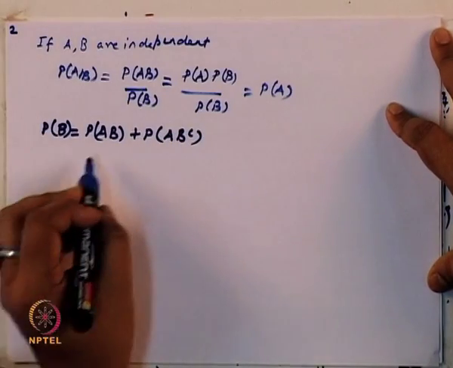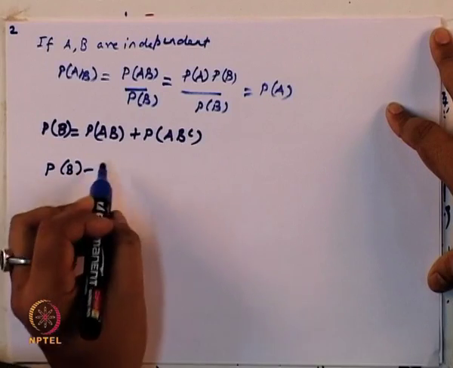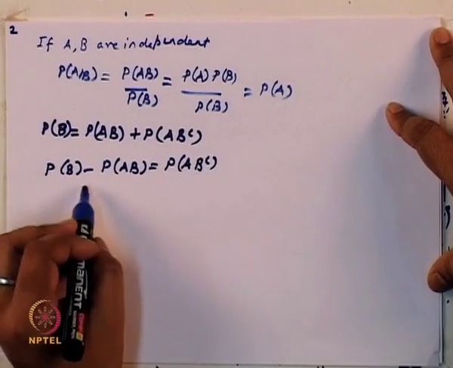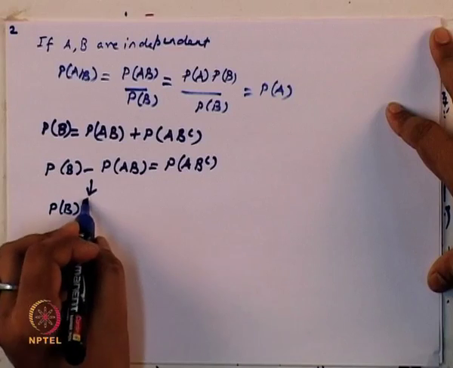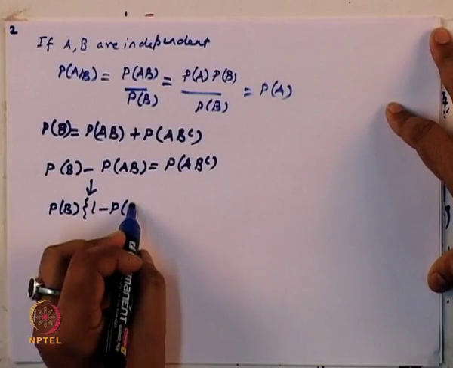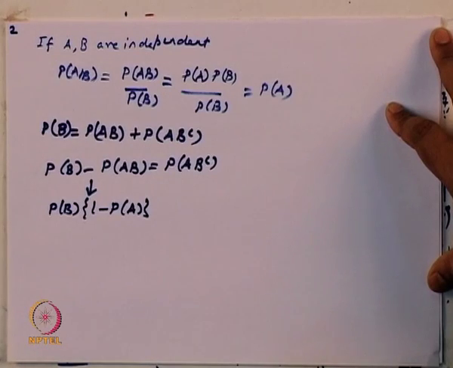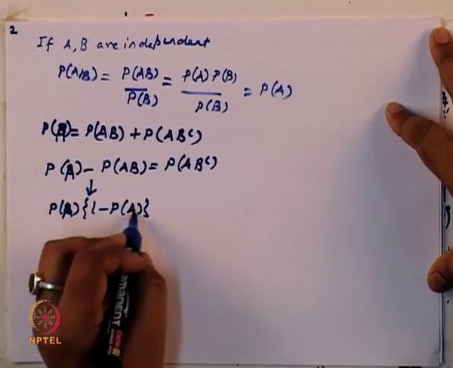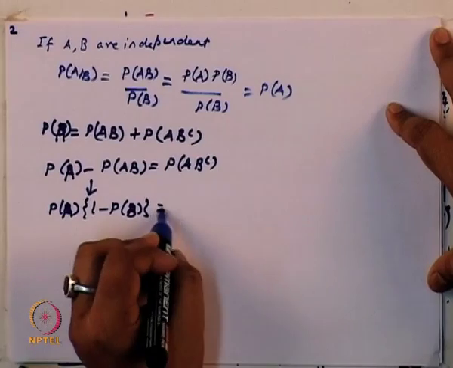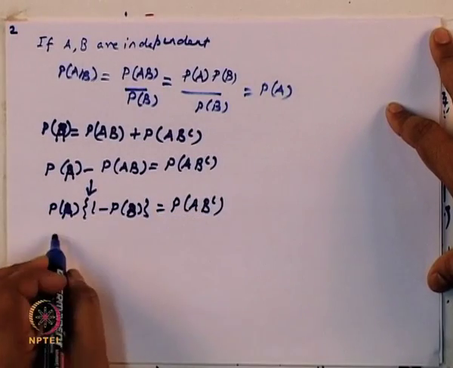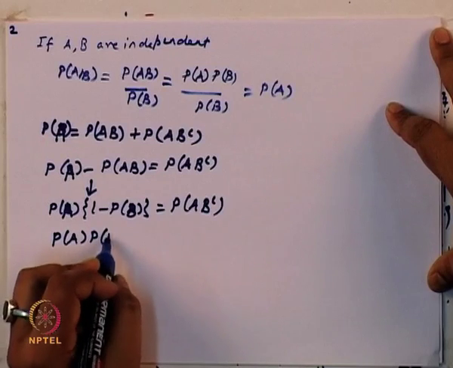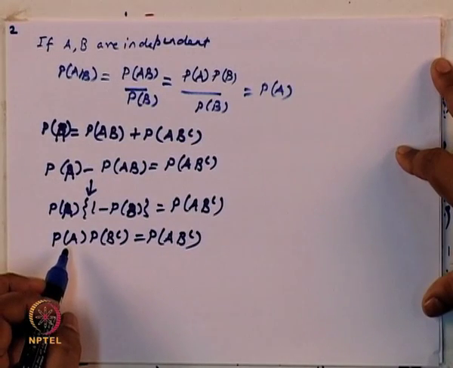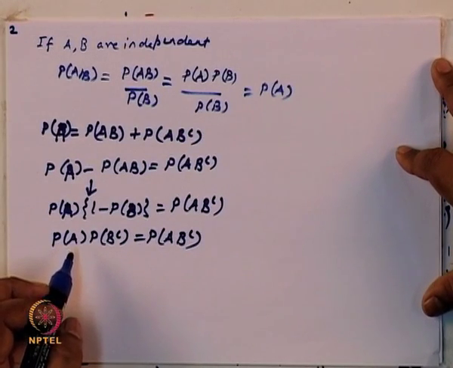So, I can rewrite this, take it to the other side, and simplify this as P B into 1 minus P of A, sorry, this is P A, okay, 1 minus P B is equal to P of A B complement, and this is nothing but P of A into probability of B complement is equal to P of A B complement. So, this shows if A and B are independent, then A and B complement are also independent.